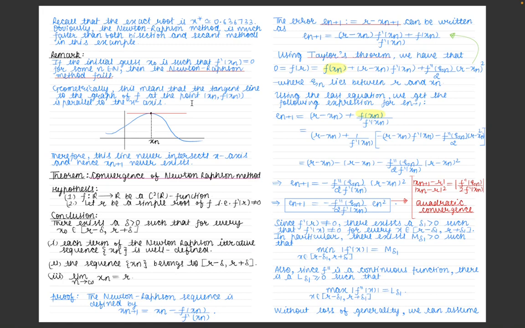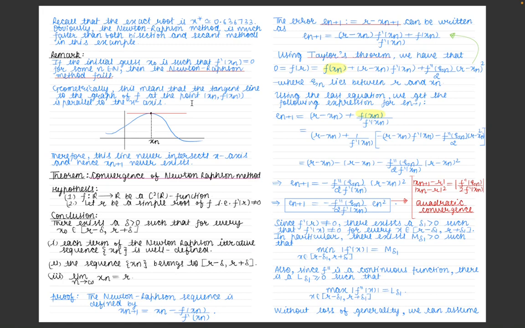We have already seen the convergence of the secant method, so this time we'll discuss the convergence of the Newton-Raphson method. So what are the hypotheses for this theorem? The hypotheses are more or less the same as what we saw in the secant method's convergence.